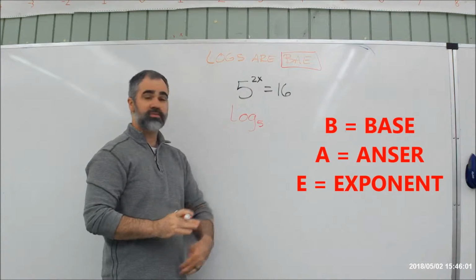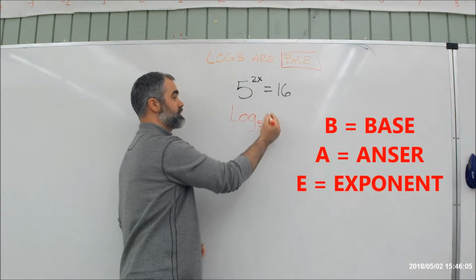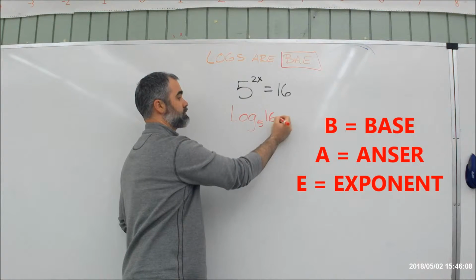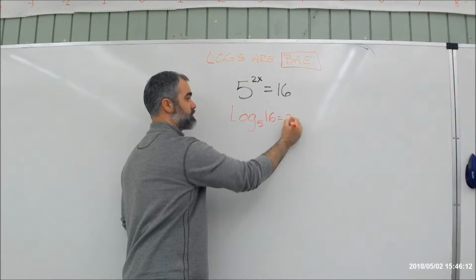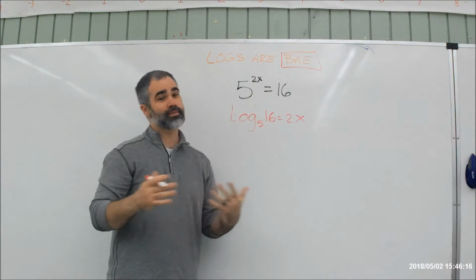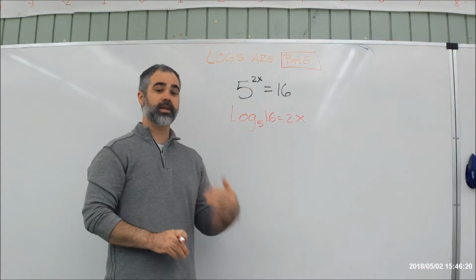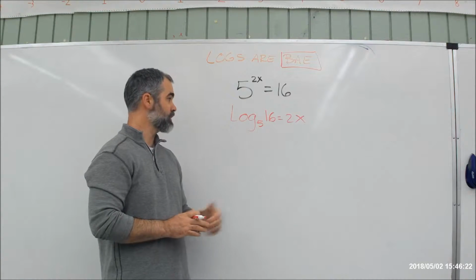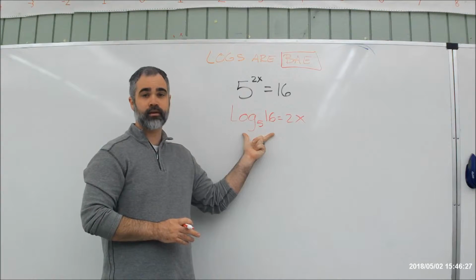The next thing that comes is the answer, so the answer to this question is 16. And it always equals an exponent, so 2x. So base, answer, exponent. It's pretty easy to remember. In fact, you will probably have a hard time forgetting it if you were ever in my class. So what we've got here is log base 5 of 16.